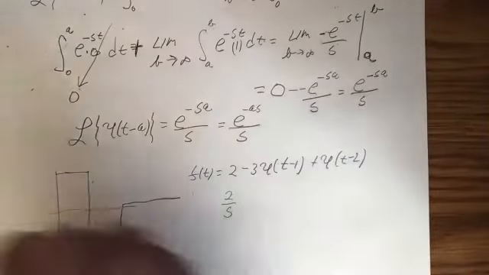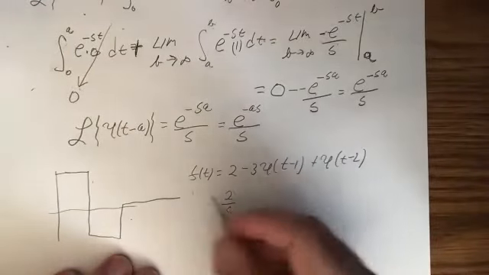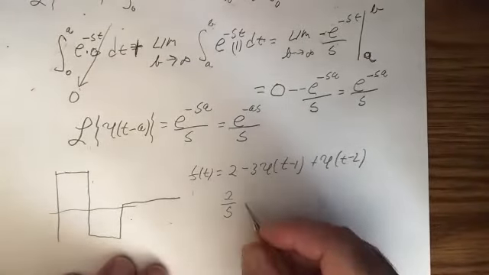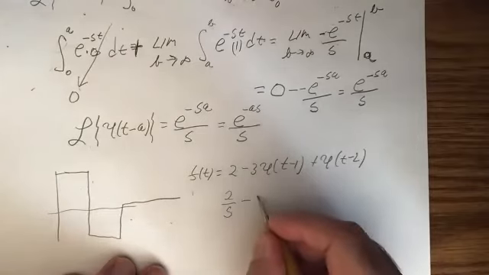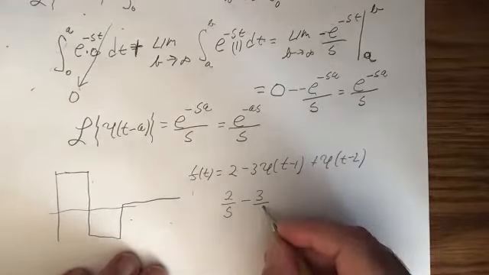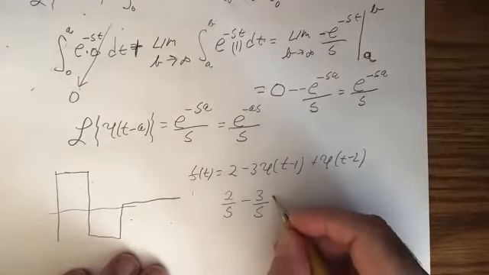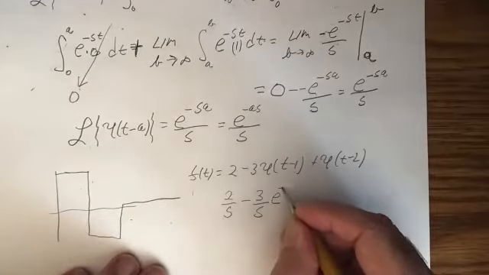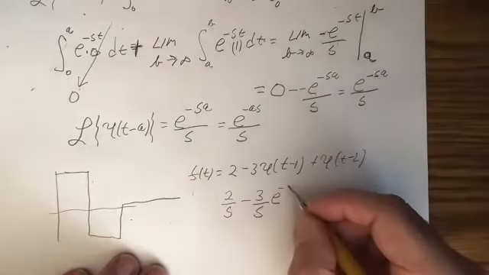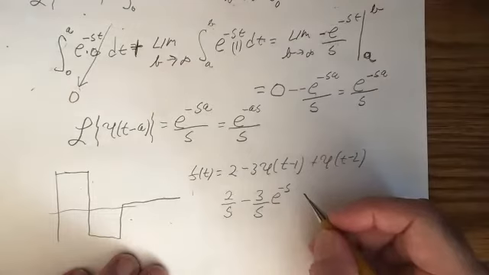So down here, I'm doing the Laplace transform. This one here is going to be minus, I'm going to have the 3, right? But now what's the Laplace transform of this? Well, with a equal to 1, it's just e to the minus s over s.